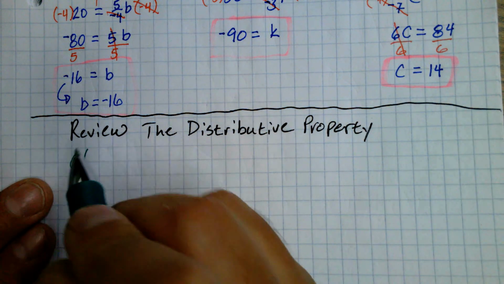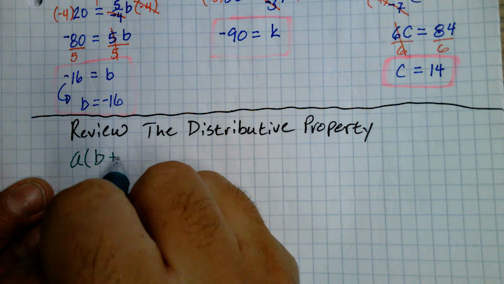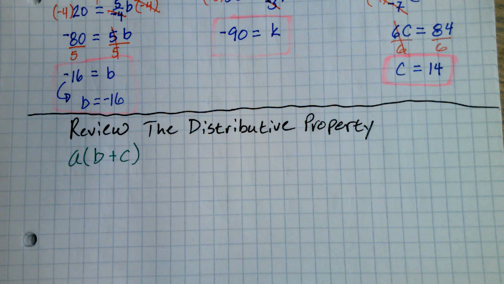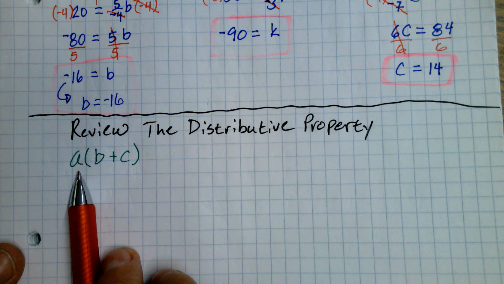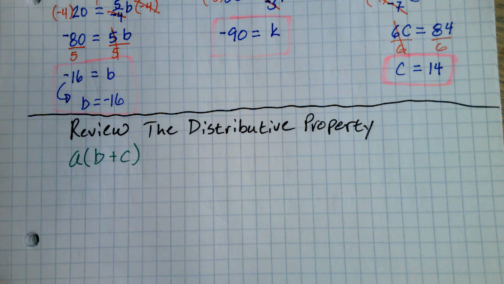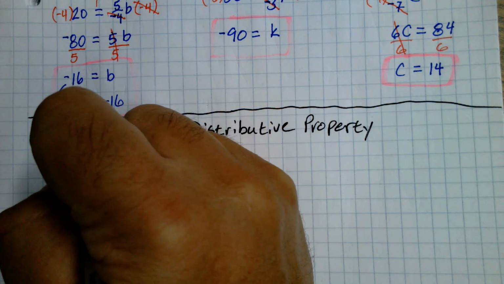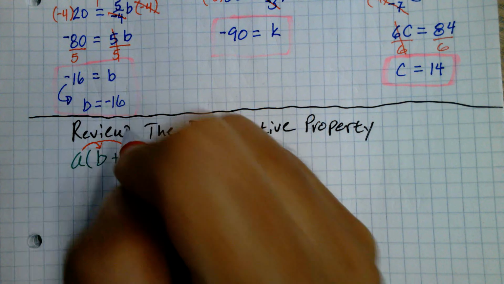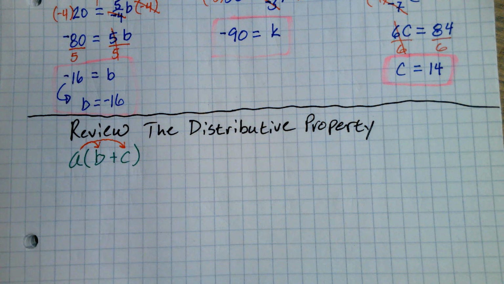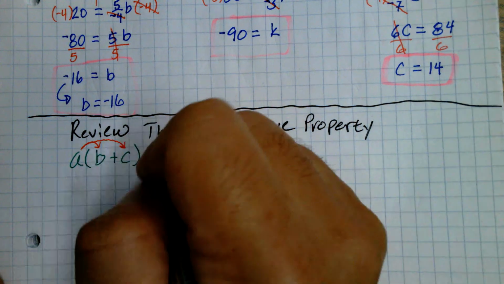Say you have a number A, and we multiply it by a sum, B plus C. This is algebraic because all I'm using are variables. We want to rewrite this expression without the parentheses, and one way to do this is to distribute. We take the A, and we multiply it to everything inside the parentheses.